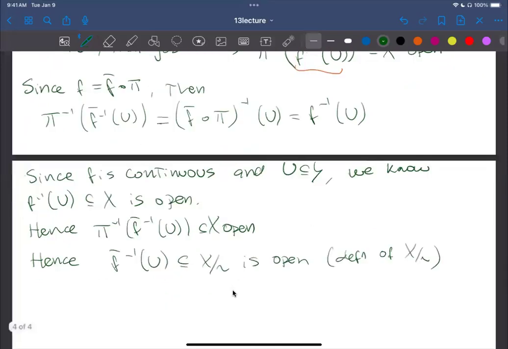And U is an arbitrary open set in Y, so f bar is continuous.